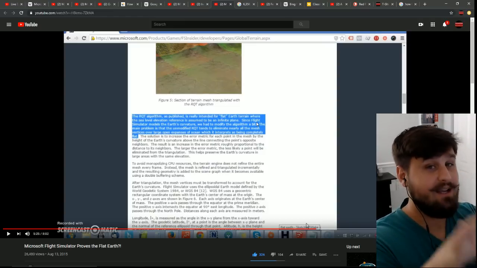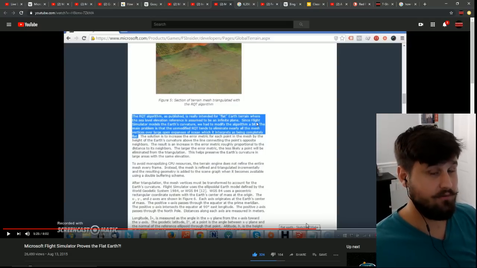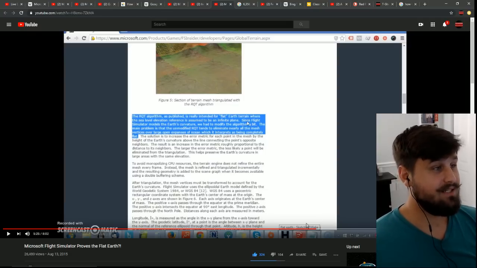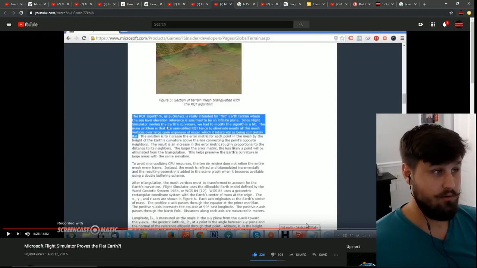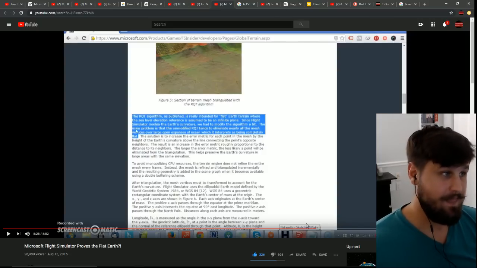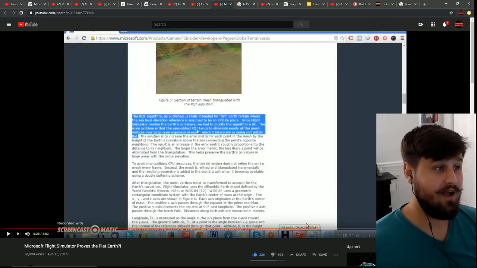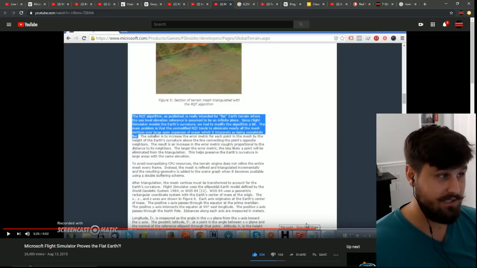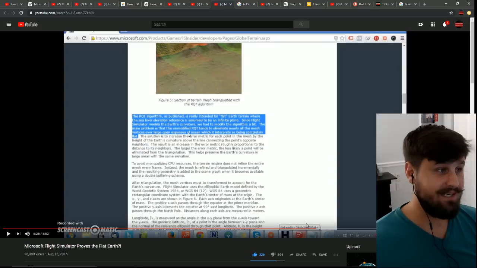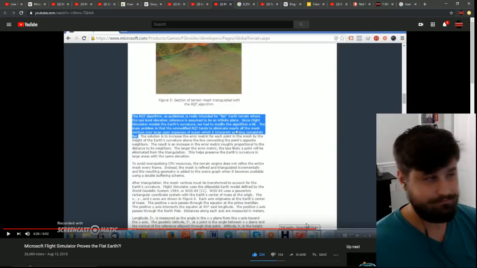They're talking about how their flight simulator games are made. Since flight simulator models the Earth's curvature, we had to modify the algorithm a bit. The main problem is that the unmodified RQT tends to eliminate nearly all the mesh vertices over large open expanses of ocean, which it interprets as being completely flat.